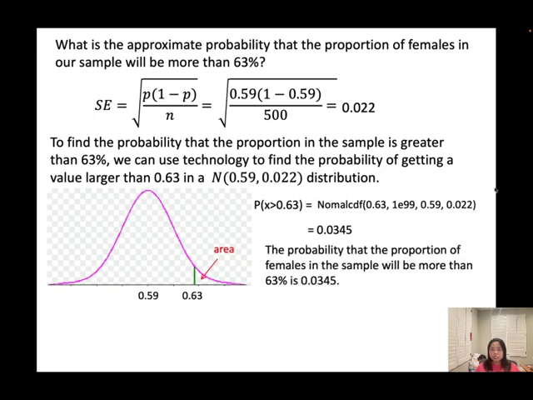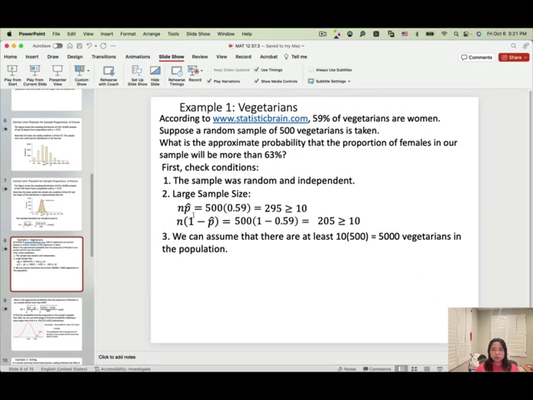So the probability that the proportion of females in the sample will be more than 63% is going to be 0.0345. Okay, with this kind of example, first check the conditions to see if they fulfill the requirements for the central limit theorem. Once it fits the three conditions, you can find the mean and the standard deviation.